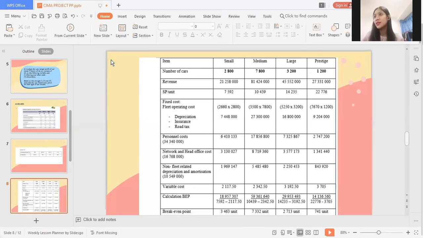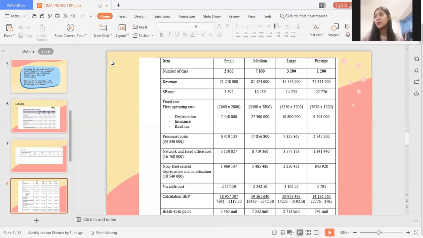For the prestige, the total fixed cost is 9,204,000. Personnel cost 2,747,200. Network and head office costs 1,341,440. While non-fleet related depreciation and amortization 843,920.